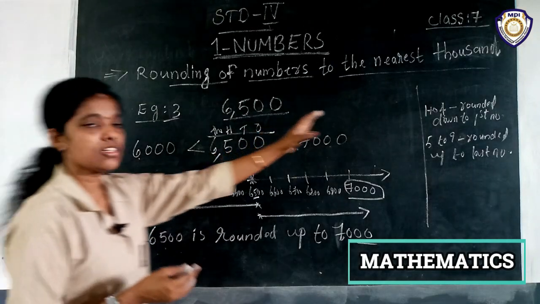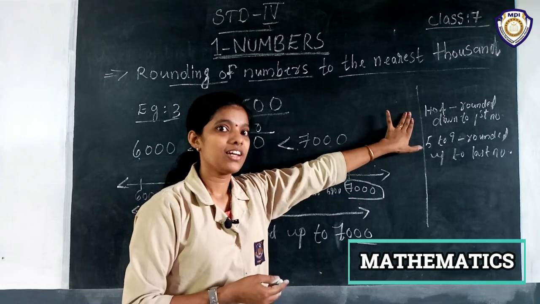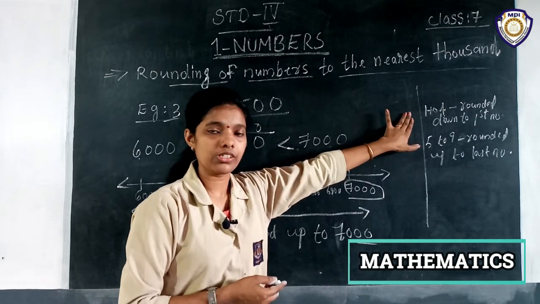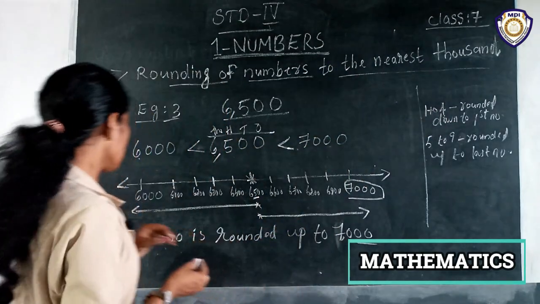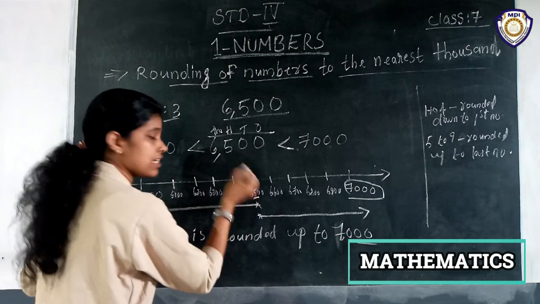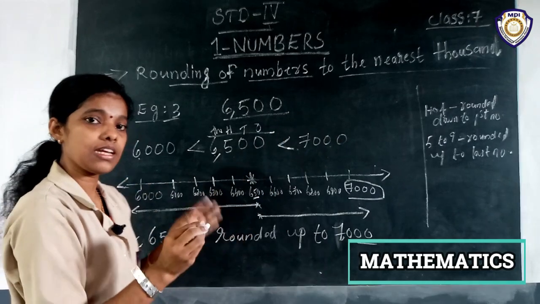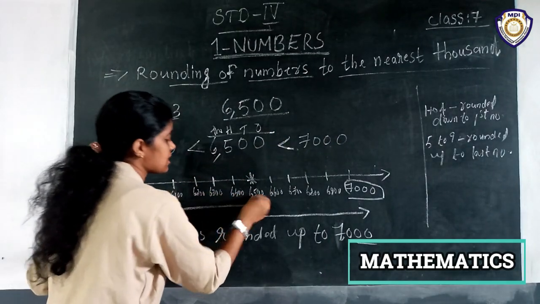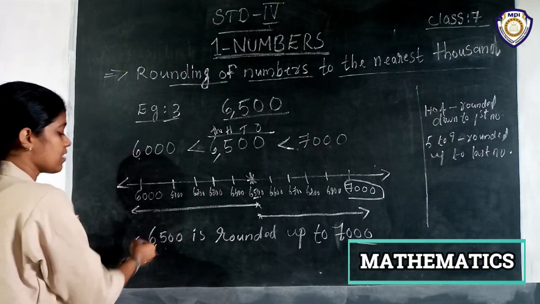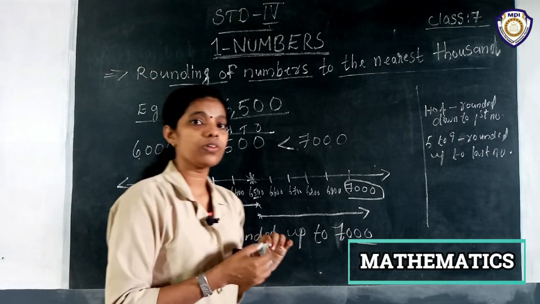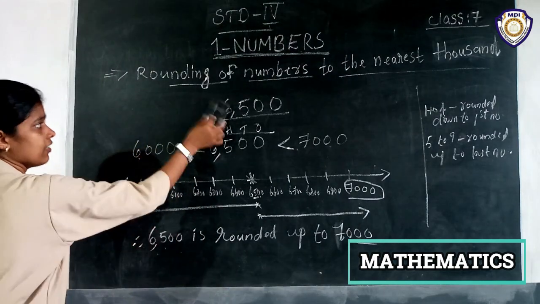Our condition is 1 to 4 rounded down to the first number, 5 to 9 rounded up to the last number. In the case of 1,000, consider the digit in the hundreds place. In 6,500, 5 is in the hundreds place. Therefore, 6,500 is rounded up to 7,000. Do you follow me?